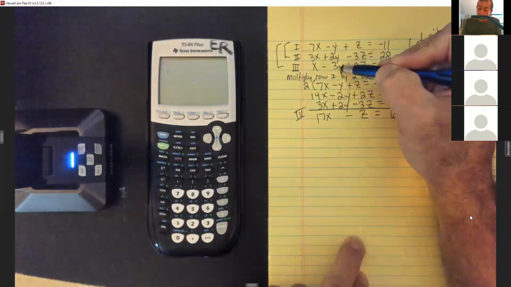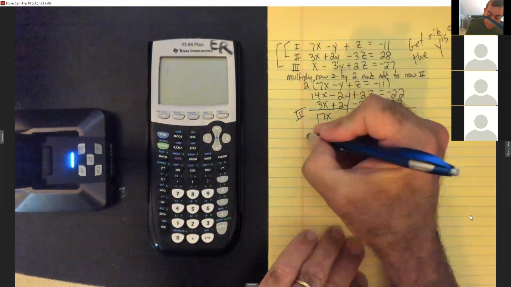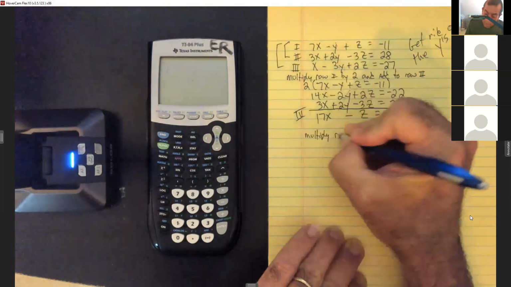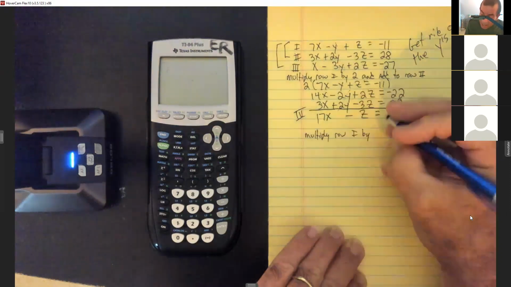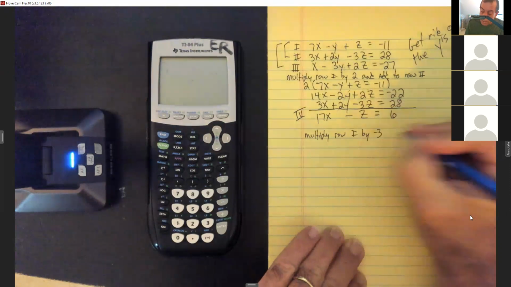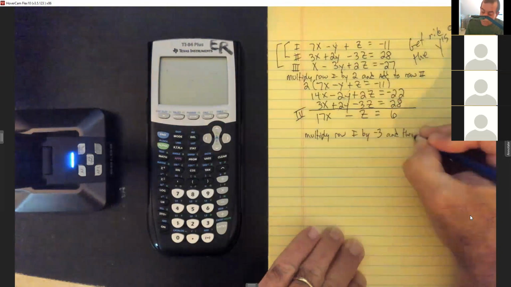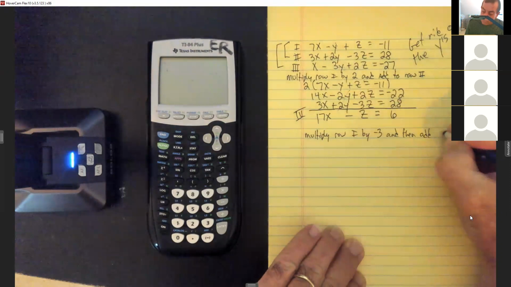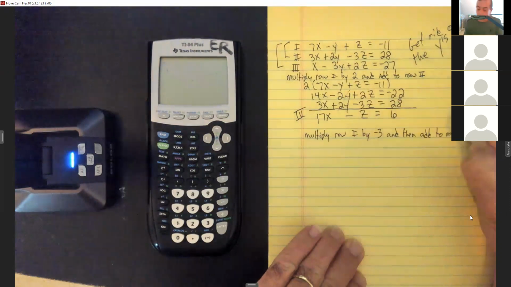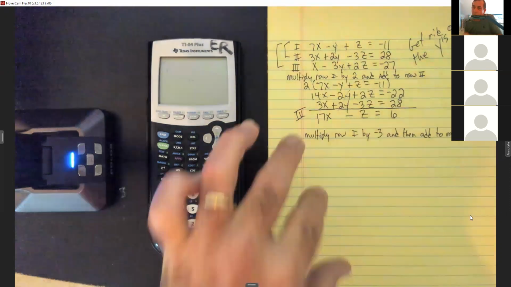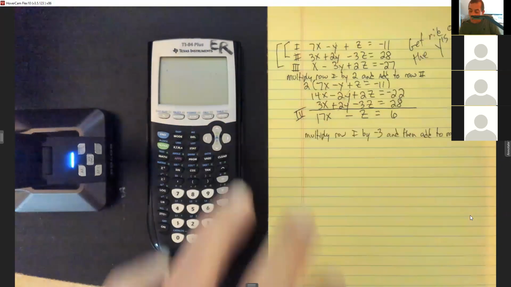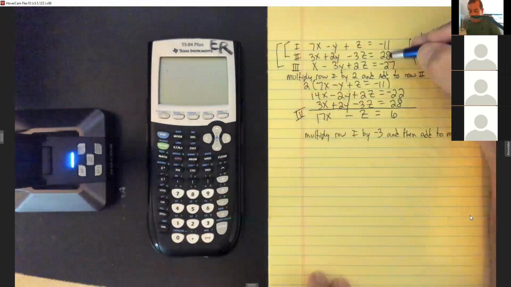So I'm going to multiply row 1 by negative 3 and then add to row 3. When you come up with equations 4 and 5, you got to use all 3 of these, and use one of them with the other one, okay?